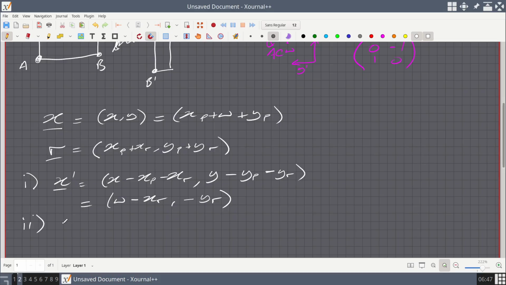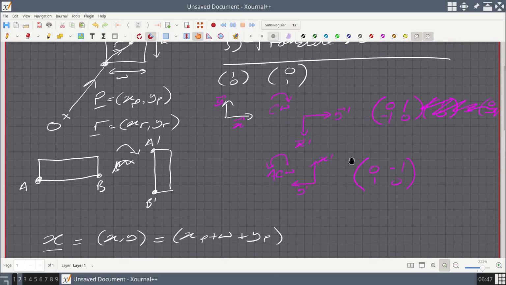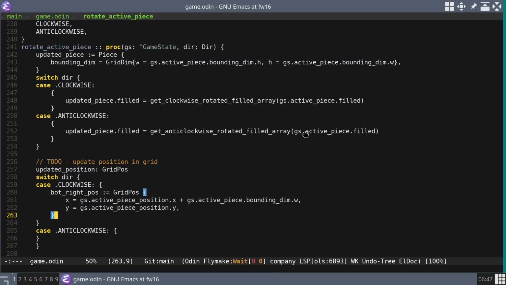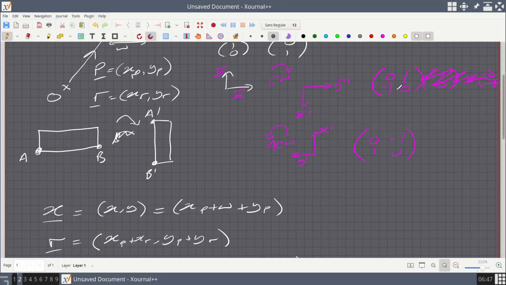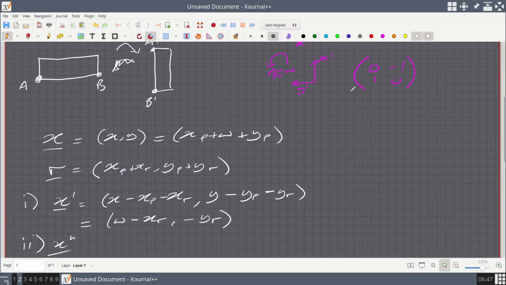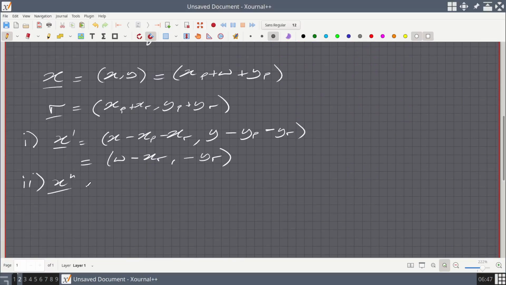In step 2, we will do the rotation. Which one of these are we doing? We're currently doing clockwise, which is this one here, 0, -1, 1, 0. So it's 0, -1, 1, 0 times w minus xr and minus yr.